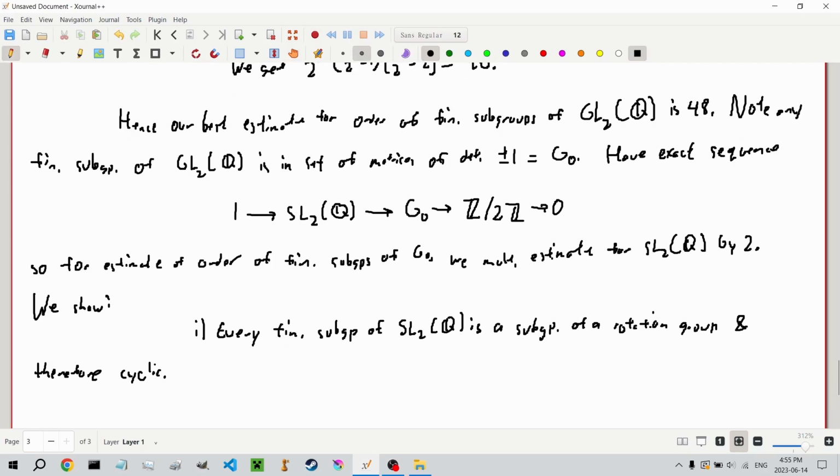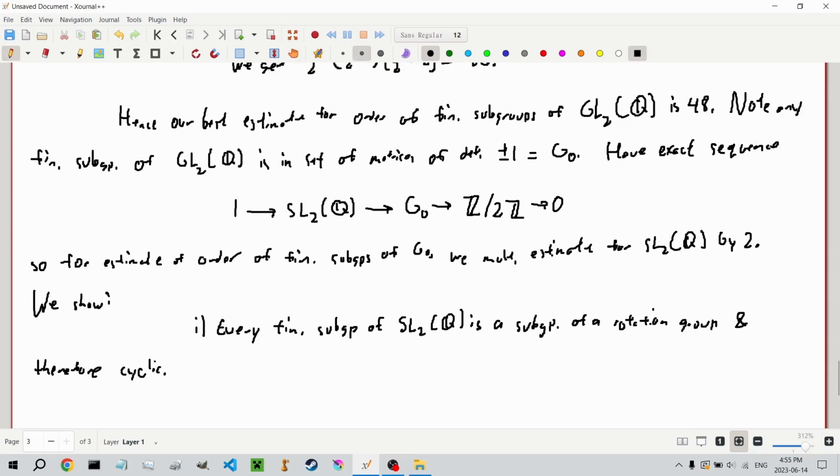And we note, once again, notation error, big fan of that. Secondly, only cyclic groups of order 1, 2, 3, 4, and 6 occur in SL2 of Z.